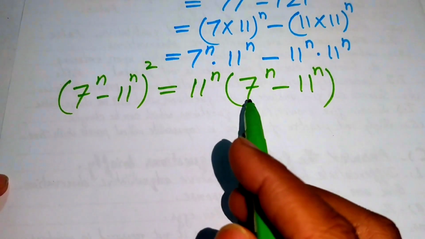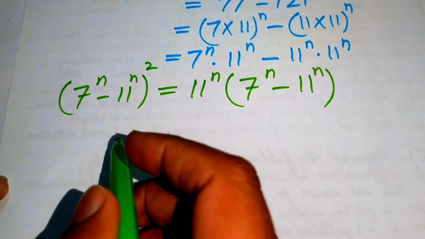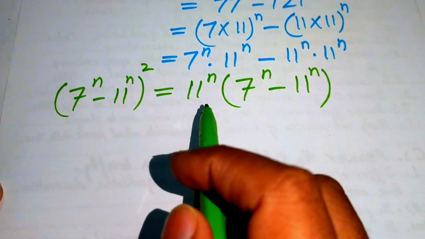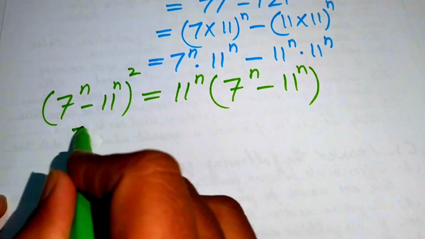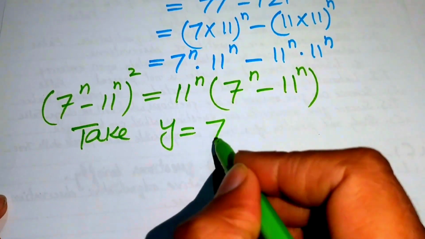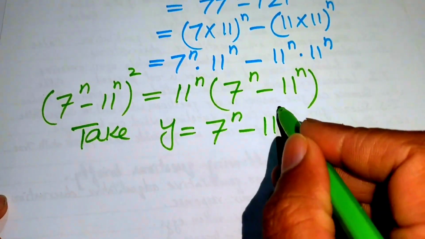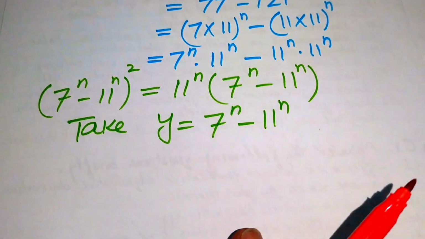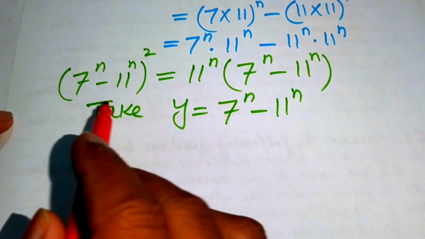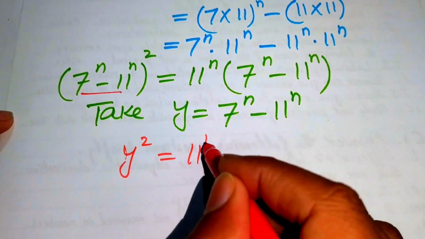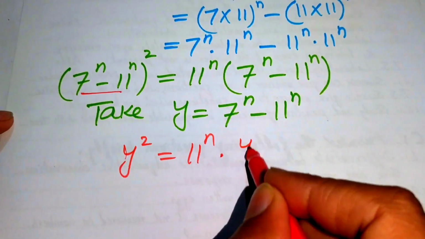In other words, we will write this equation in the simplest form, so we take y equals 7^n − 11^n. When we substitute this value in the above equation, we get y² = 11^n times y.